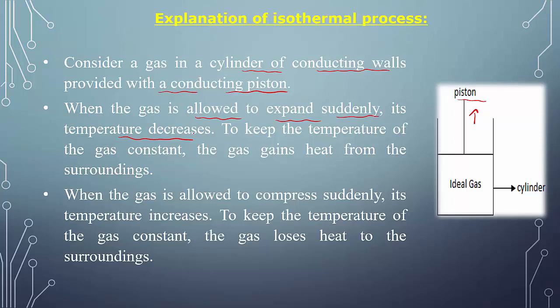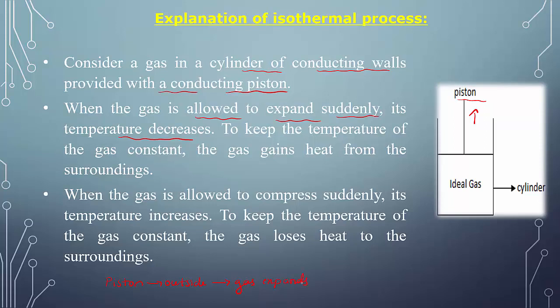When heat is releasing to the surrounding, temperature decreases. Is it clear what happens here? When the piston is moving outside, you can observe the process. We are going to move the piston. Where we have to move here? We have to move the piston outside the system, means in the upward direction. When it is moving in upward direction, gas is expanded.